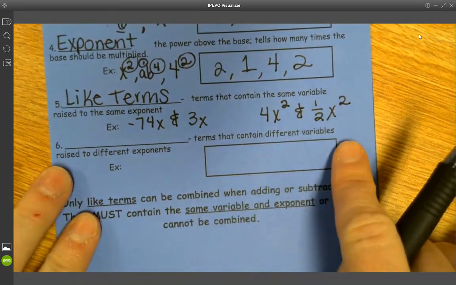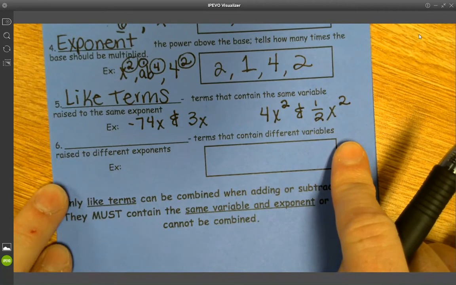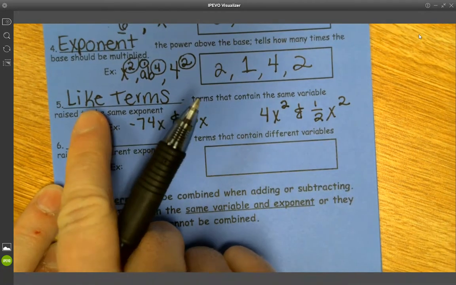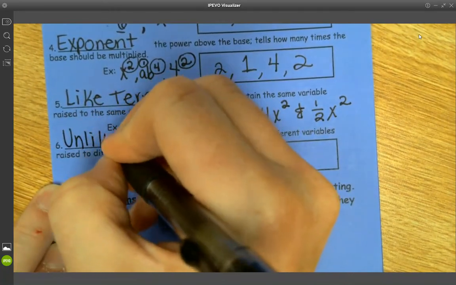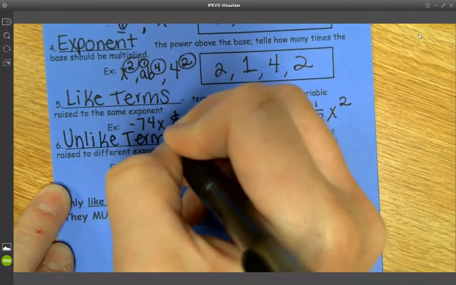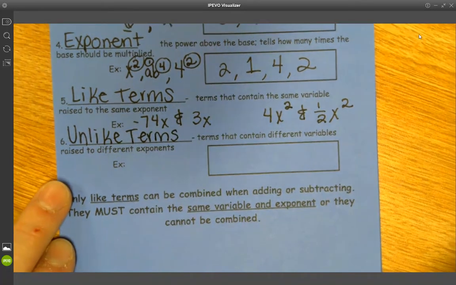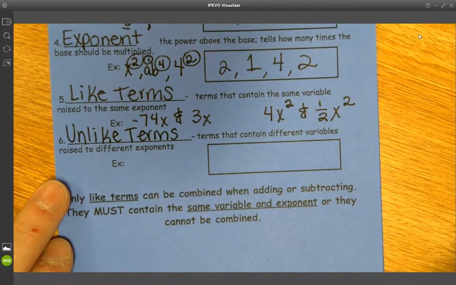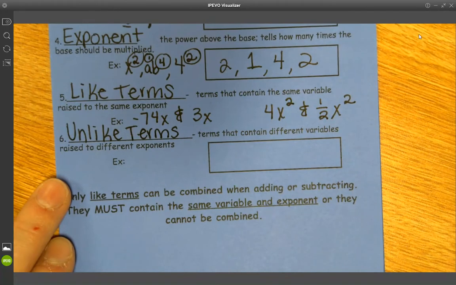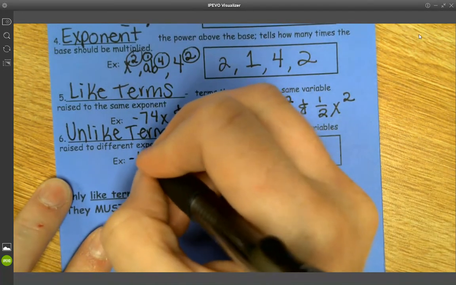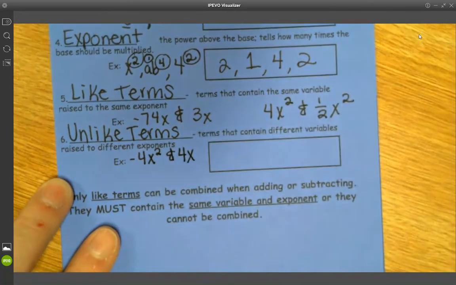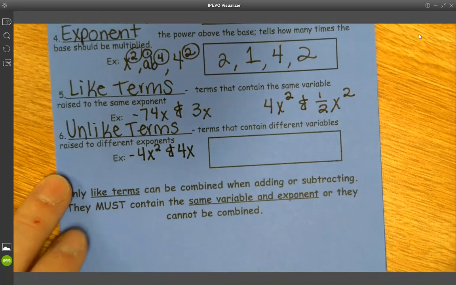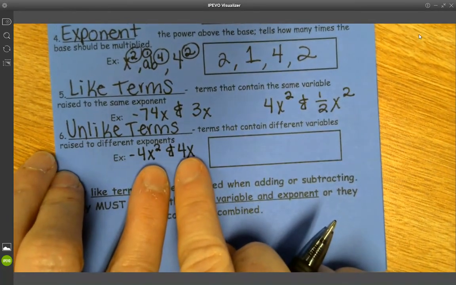Terms that contain different variables raised to different exponents. So if this is like terms, if they're not the same, they're different, they are unlike terms. So a negative 4x squared and 4x cannot be combined because they are not the same exponent. They both have x, but they don't both have squared.